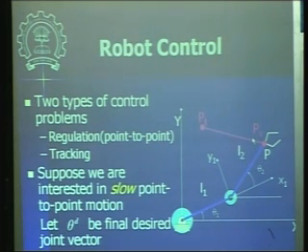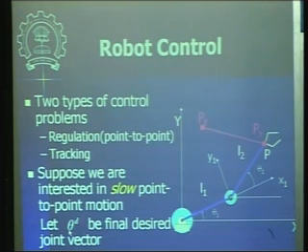It can be a circle, it can be a parabola, it can be any trajectory, okay. And now what we are considering is that we are interested in slow point to point motion, okay. So we want to move to this final point in a very slow manner, okay.